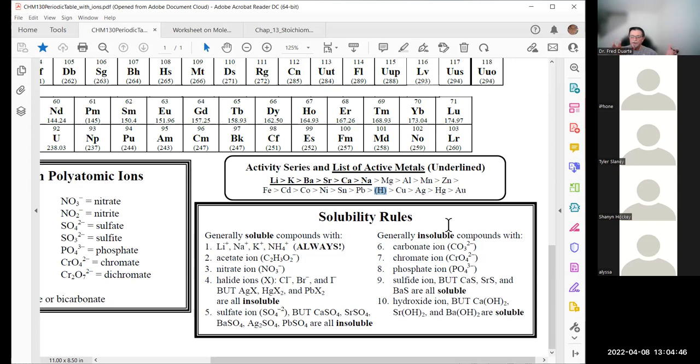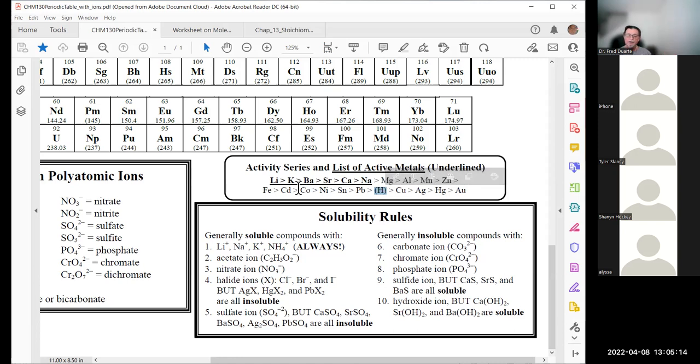The ionic form of hydrogen will be H+, okay? And obviously the elemental form of hydrogen would be H2, the hydrogen gas. So what we're doing is comparing the reactivity of cobalt versus hydrogen, which happens to be in the form of H+ in HCl.